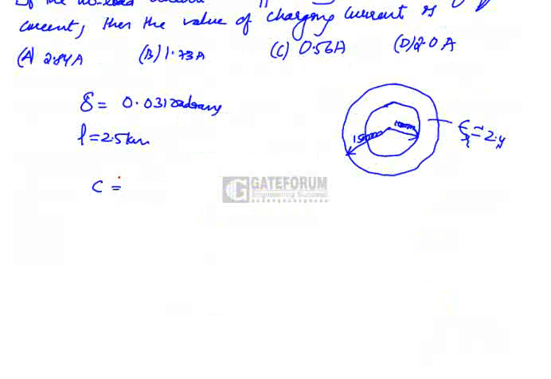Capacitance of a cable is given as 2 pi epsilon naught epsilon r by ln(R/r), where capital R is the radius from the center of the core to the sheath, and small r is the radius of the core.